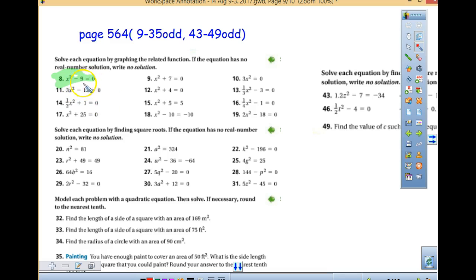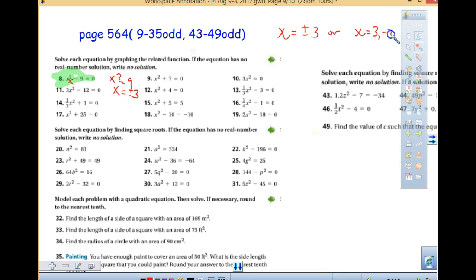It says solve each one, so my next step would be to write right below that x squared is equal to 9, and then x is equal to, and if you don't mind doing the plus minus 3, putting your solution this way, you can put it as plus minus 3, or if you like it better, writing it out, x equals 3, x equals negative 3. I think in the back of the book you almost always see it like this as you're checking them, but this is the same answer, right?